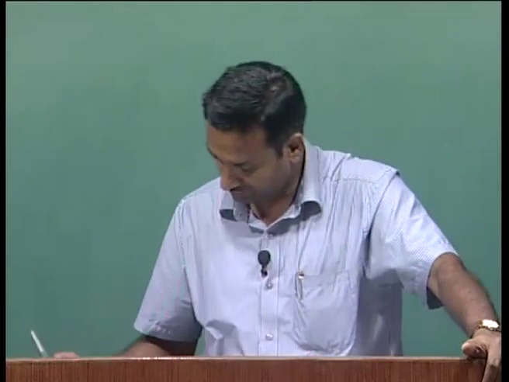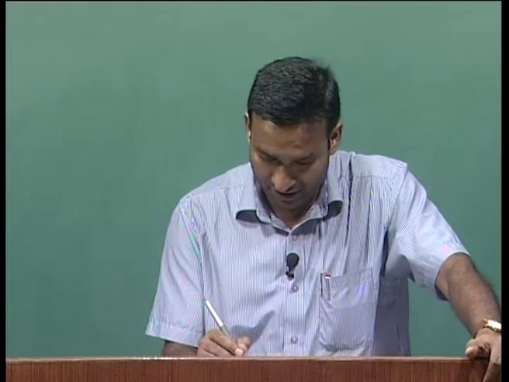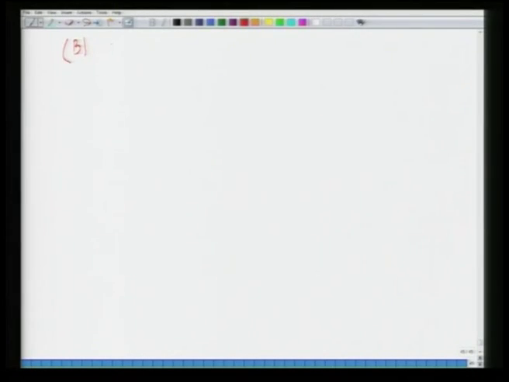So, here now let us see how we had the numbering. So, this is case C. So, A, capital A. So, we will take capital B here, and we will take defect equilibria in metal deficient oxides.